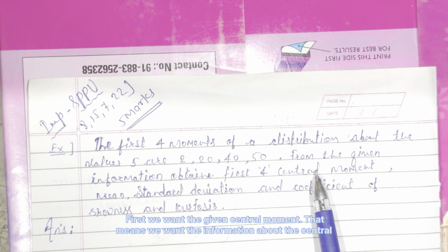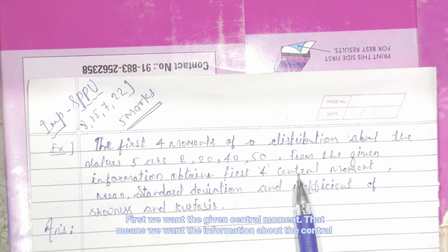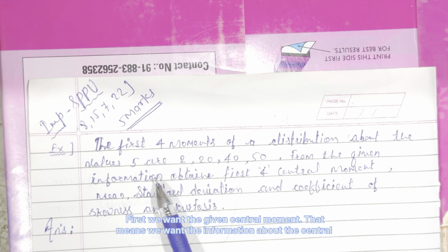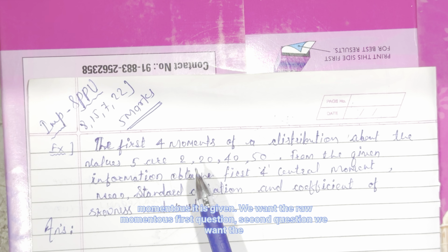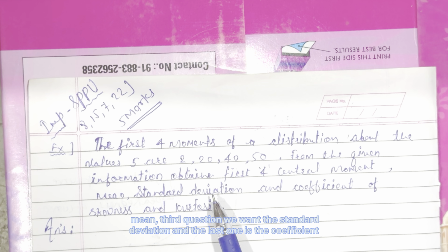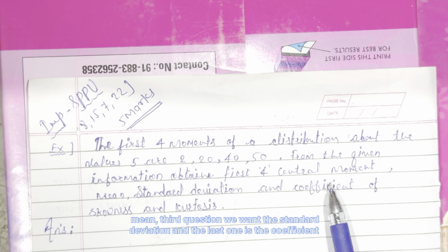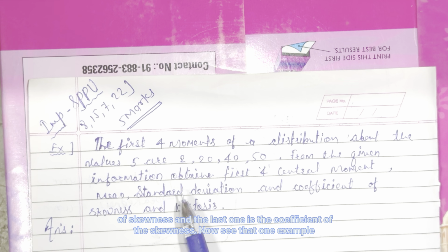First, we want the central moments from the given raw moments. Second, we want the mean. Third, the standard deviation. The last ones are the coefficient of skewness and the coefficient of kurtosis.